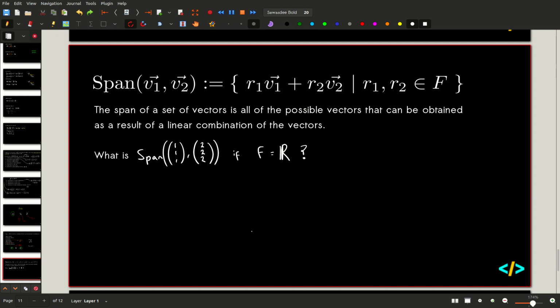I'll give you guys a moment to think over that. Is it just x, x, x? Not quite. So if we had x, x, x where x is a real, say we had... wait, so how are you writing that?